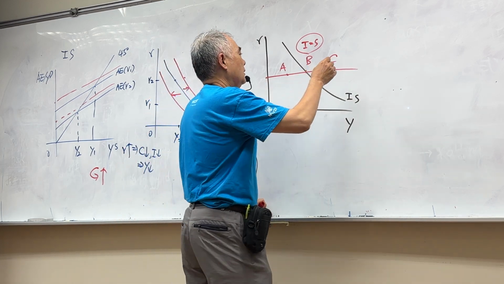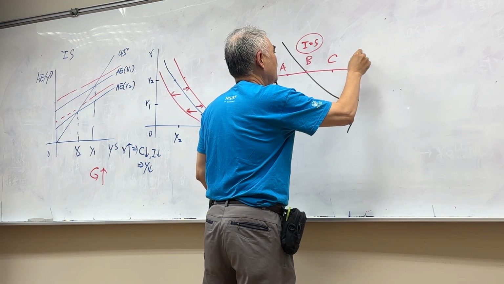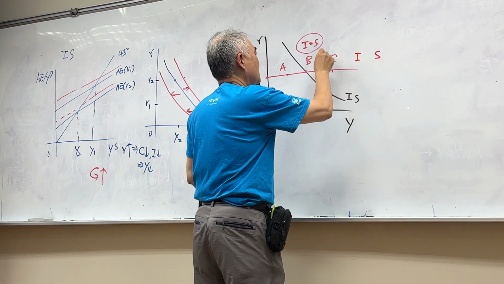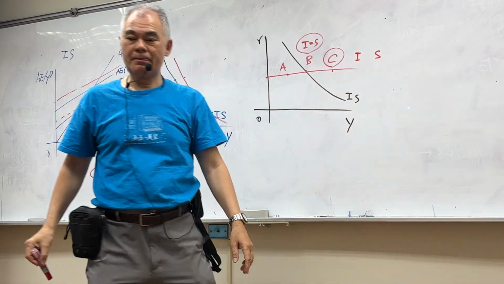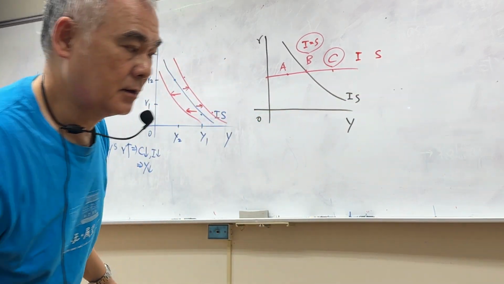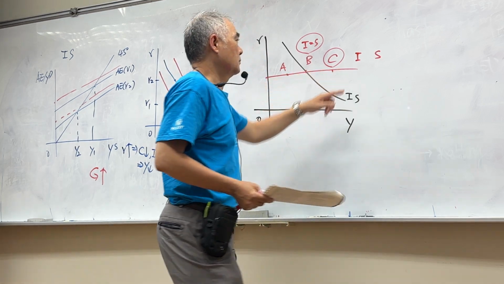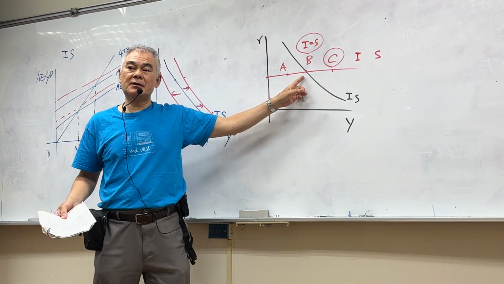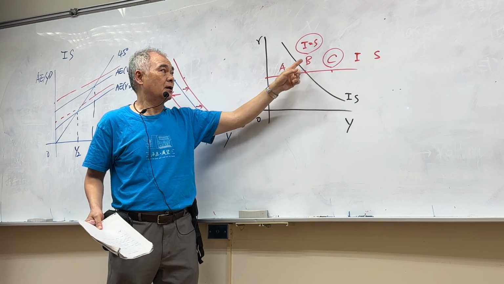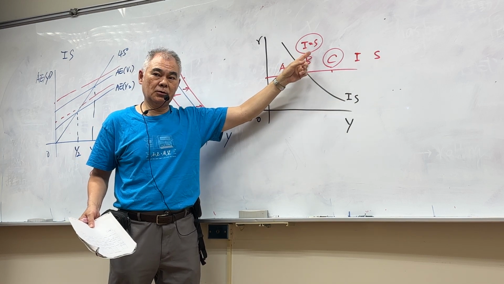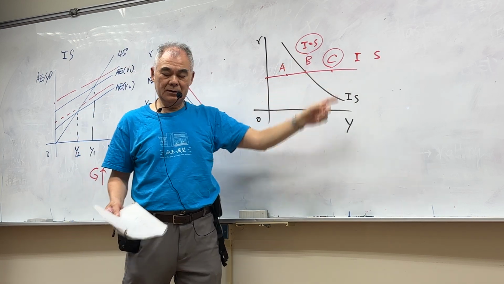So in this case, can anyone tell me what is the relationship between I and S? For point C, and point B, that's easy, right? Because it is on the IS curve, so I has to be equal to S. Then what about here?